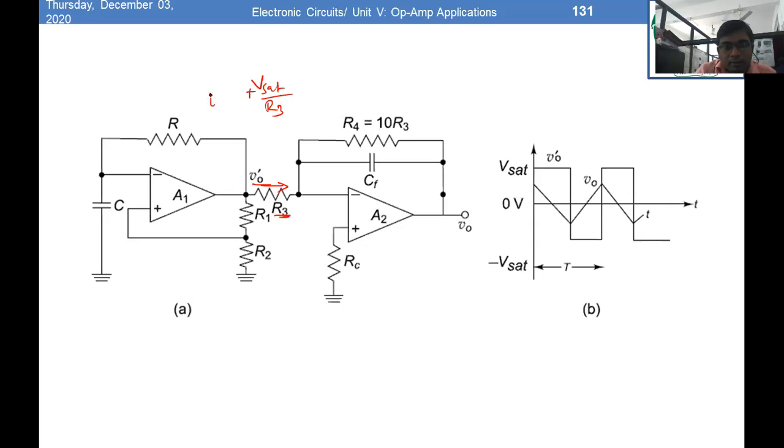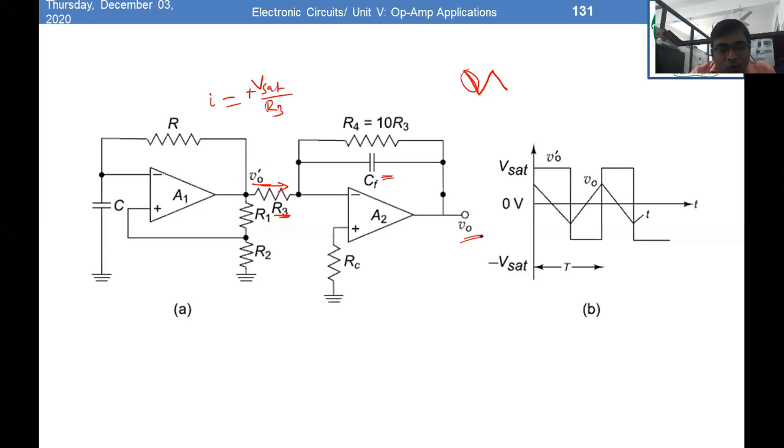This current flows through the feedback capacitor of this integrator network, producing a negative ramp voltage at the output of this integrator V0.